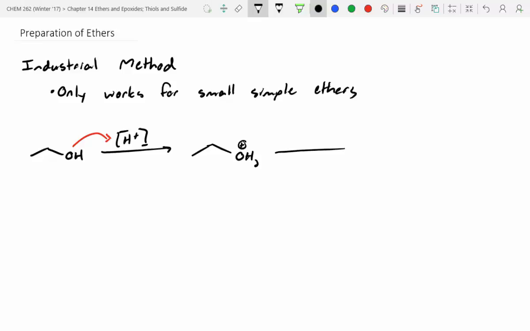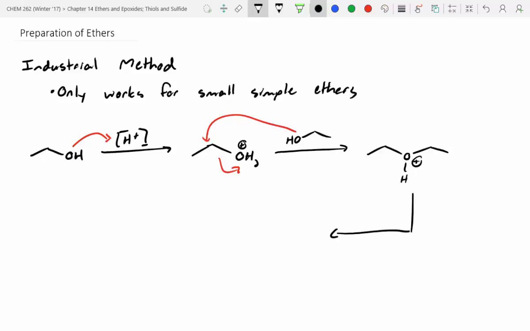Now our alcohol is a good leaving group. And if you've got more of your ethanol around, ethanol is a weak enough nucleophile to do a backside attack and basically do SN2 style chemistry. And then last but not least, you would have some sort of aqueous workup where this water can come steal this proton back and give you your neutral diethyl ether.